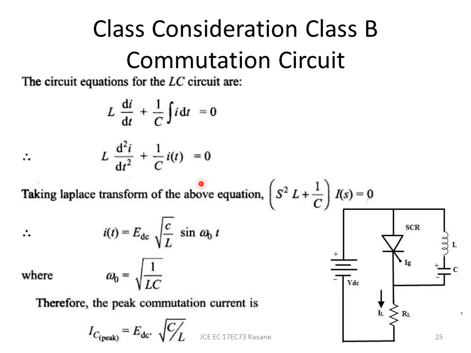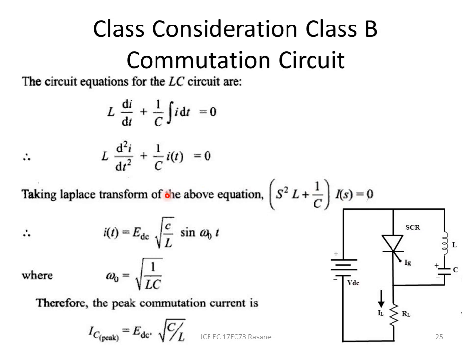equal to 0. Now taking Laplace transform of the above equation, it gets simplified to d squared becomes s squared, so s squared L plus 1 by C into I of s is equal to 0.